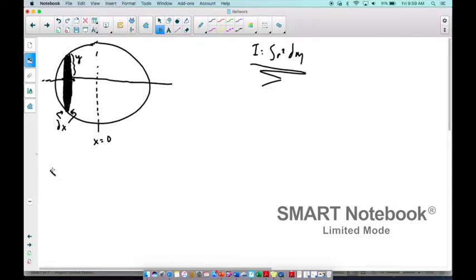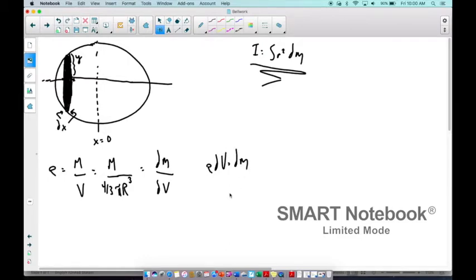I can use the concept of volume density. The Greek letter rho represents volume density, mass per volume. The volume of a sphere is 4/3 pi R cubed, where I'm using big R to represent the radius of the sphere. And that's also equal to dm over dv. So I can rearrange this and say that rho dv equals dm.